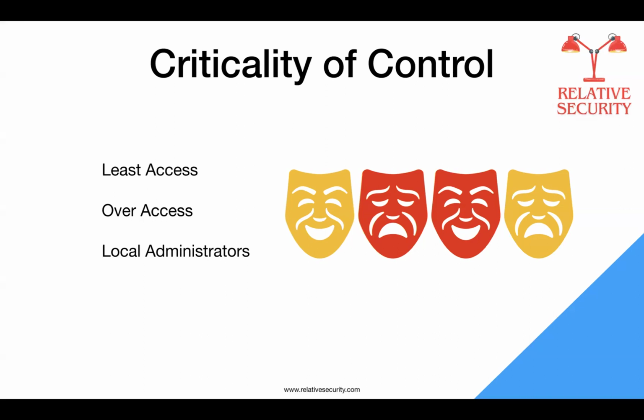Otherwise, even if the role or the authority of the user is quite high, maybe he is in the C-level executive, if there is no need for a C-level executive to access certain workstations or servers, the authorization should not be given.